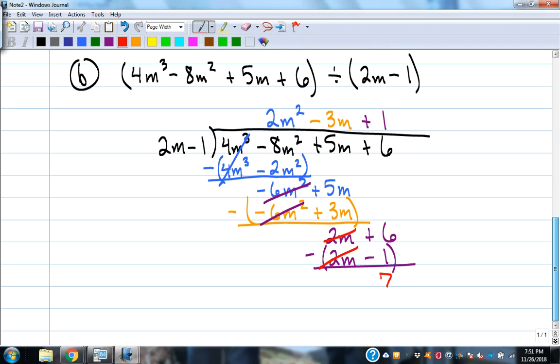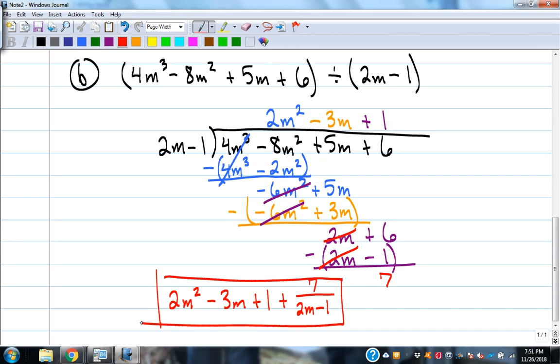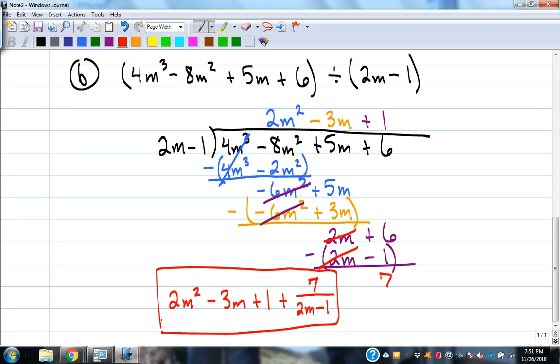So my final answer then is 2m squared minus 3m plus 1 plus 7 over 2m minus 1. That's my quotient for that division problem.